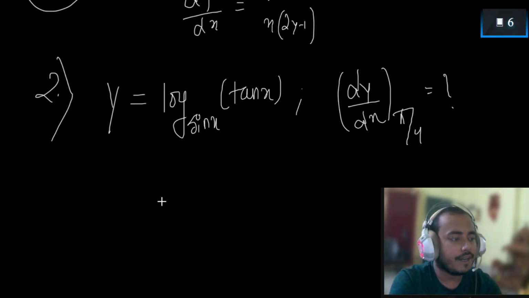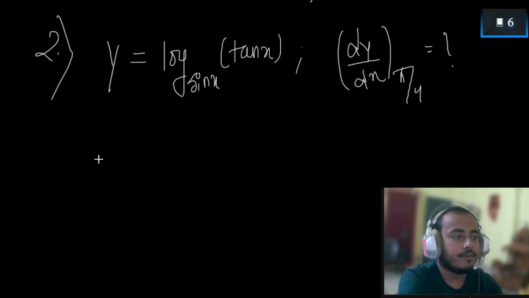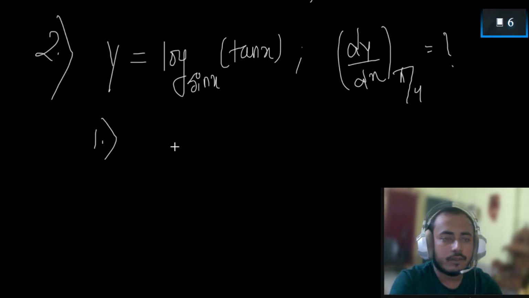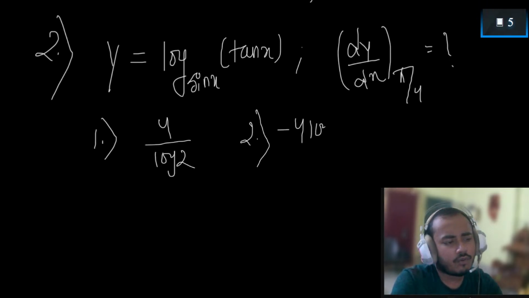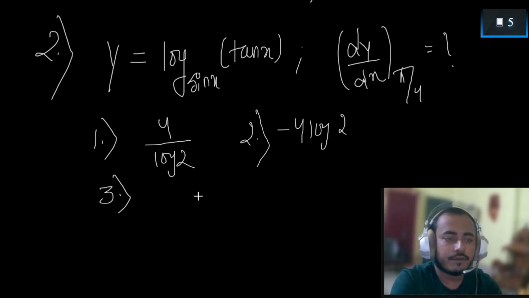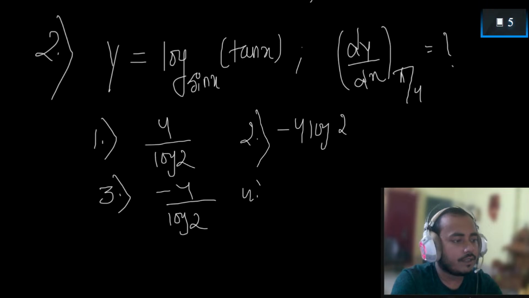Let me give you four options again. The options are: 1, 4 by log 2; 2, minus 4 log 2; 3, minus 4 by log 2; and number 4 is none.